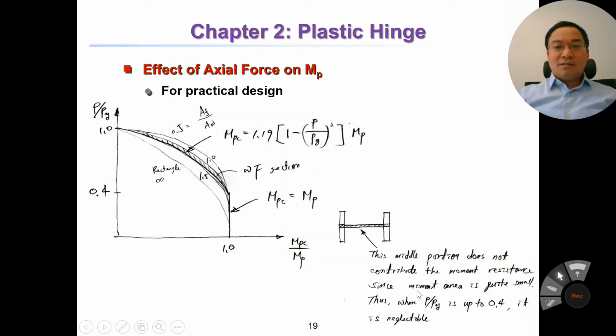The moment area is too small, then the web does not have a significant contribution on the moment resistance, so it is neglected. It means when P over Py is smaller than 0.4, then we use MPC equal to MP. We assume MPC equal to MP.